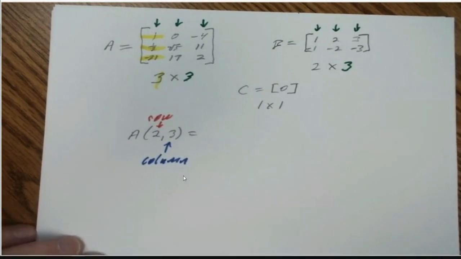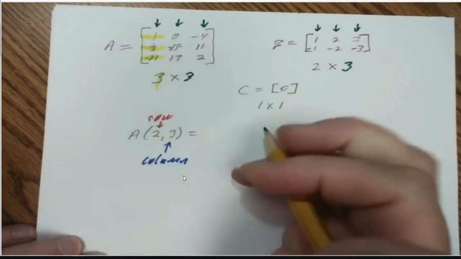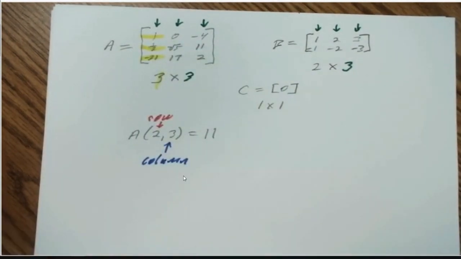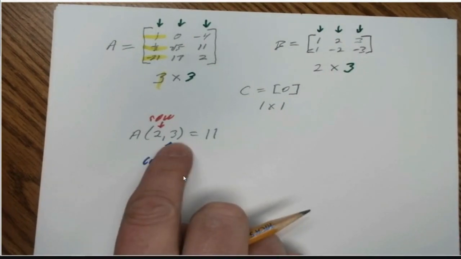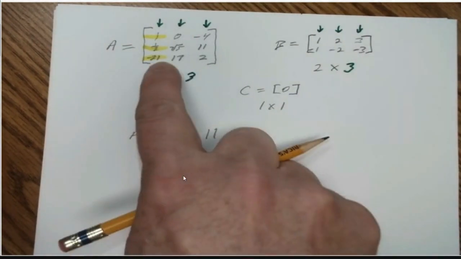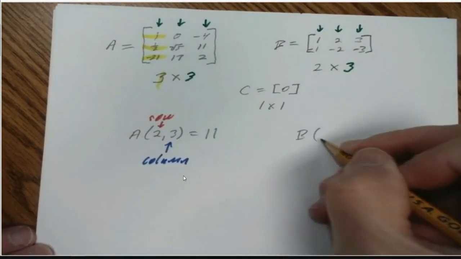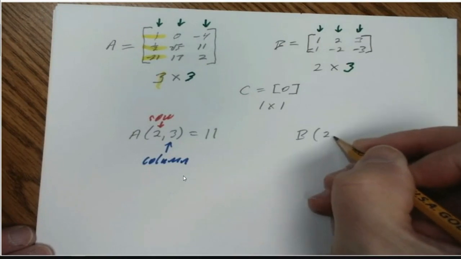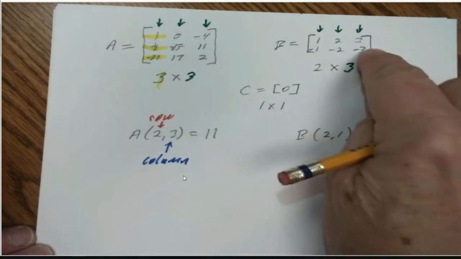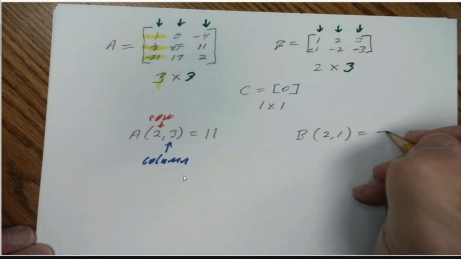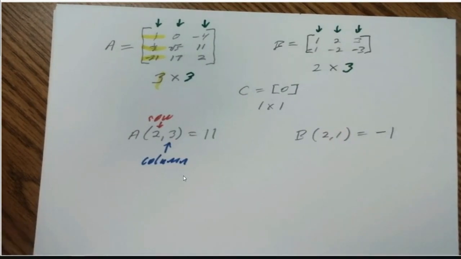So which number is in the second row, third column? 11 is the number that's in the 2, 3 position. If we want to look in the B matrix, what is in the 2, 1, second row, first column? -1 is the number that's in there, right?